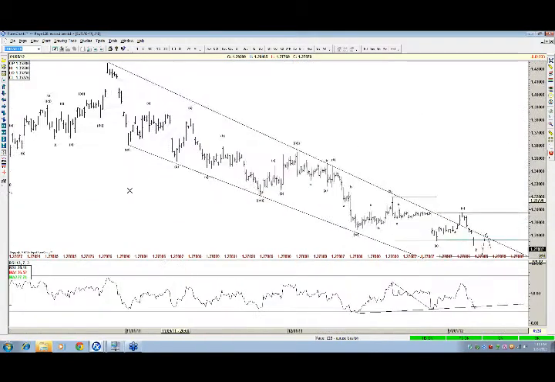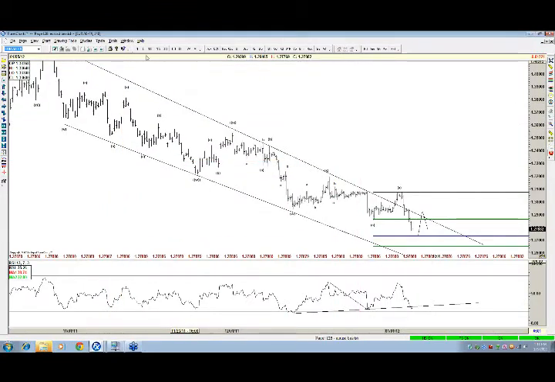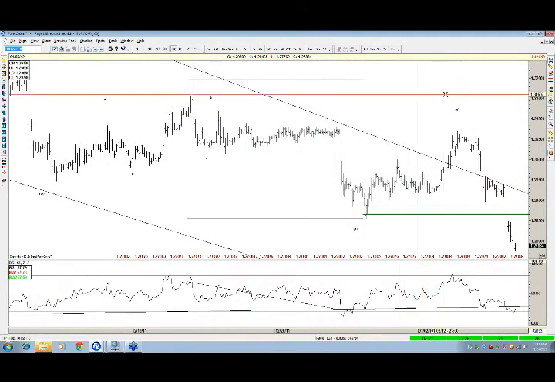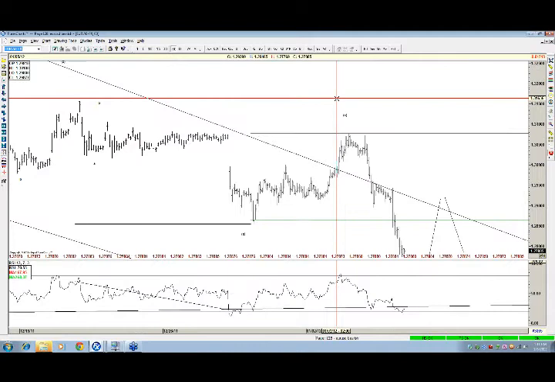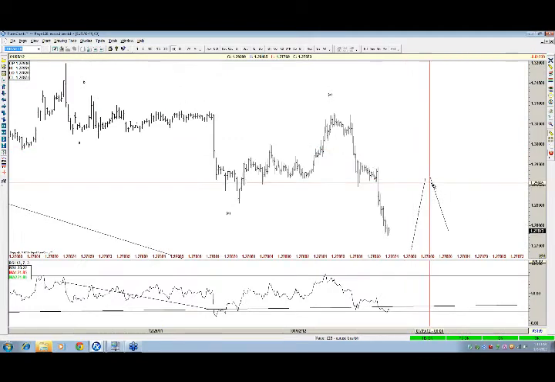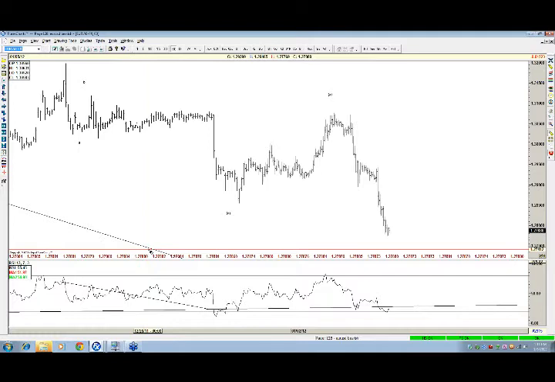Now, let me get back to the 1 hour chart. Look where the market is. And I know, for example, Davey, that he used the RSI a lot. Look at the RSI.